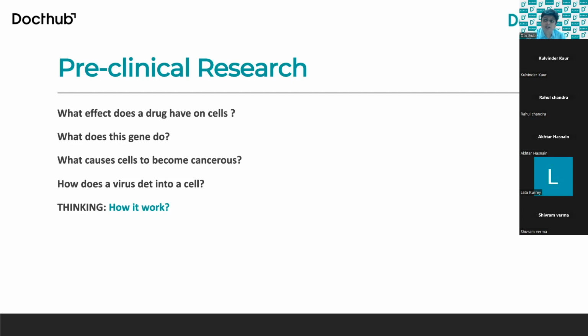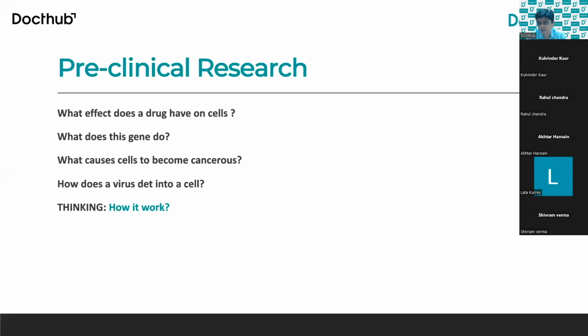So these are 4 example questions that you work on and test in preclinical research. Basically, it's an experiment. So your thought process is how it works. In this phase, you have not yet come to any final drug, so you are basically experimenting with different molecules and trying to see the effects on different cells, different viruses, etc.